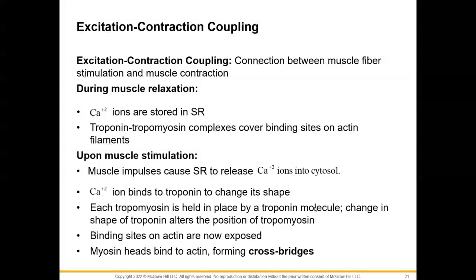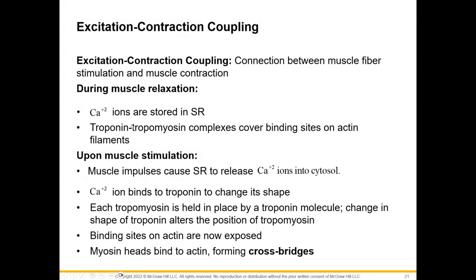Okay, so let's understand what happens when the acetylcholine binds with the motor end plate and it causes the sodium and potassium to rush in. Because the next part really is the calcium being released from the sarcoplasmic reticulum.